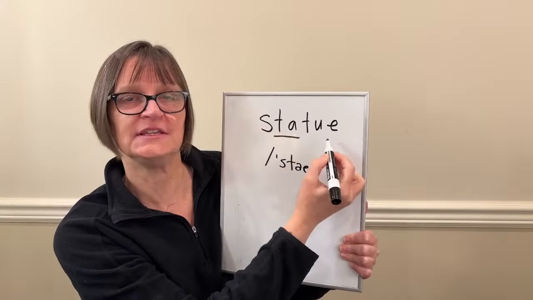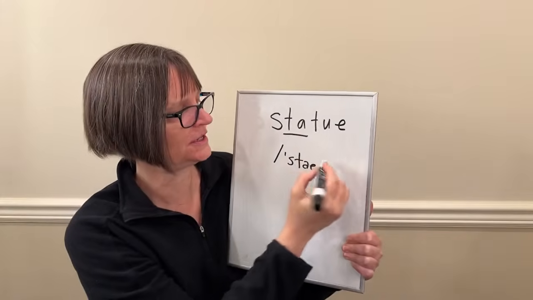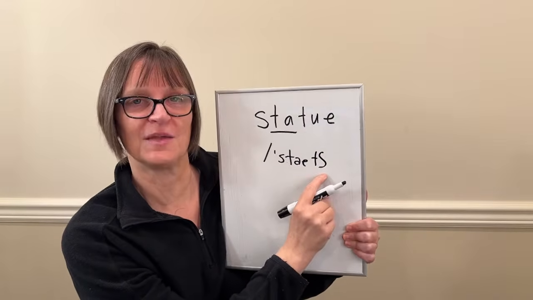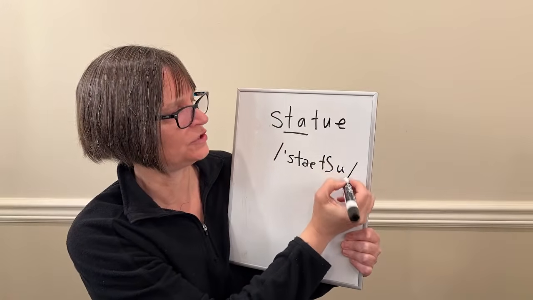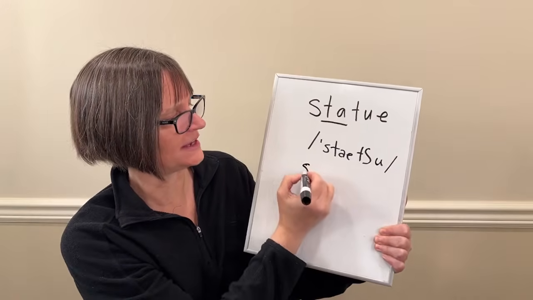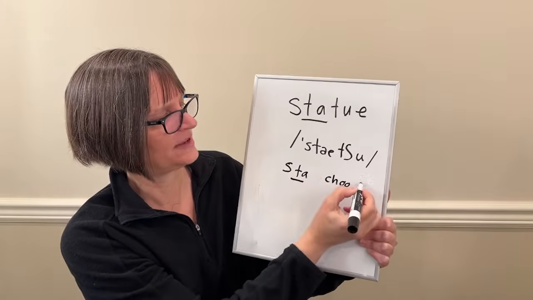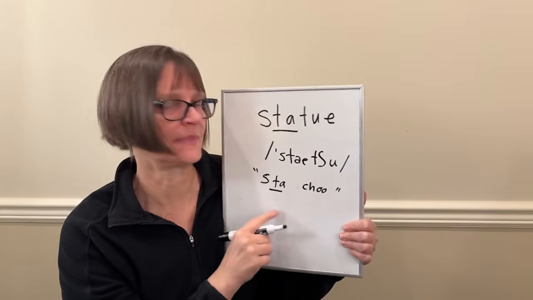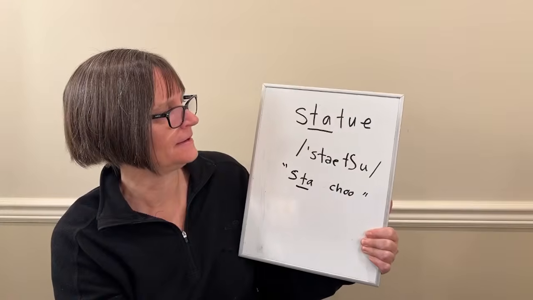And then this TU is not going to be a T sound, but rather a CH sound, with that U. So in the dictionary, the IPA is this symbol for the ch sound. And then we have just an oo sound, and the E is silent. So it sounds like statue, with sta being stressed. She was as still as a statue. The Statue of Liberty is a symbol of freedom. Yeah, good request. Thank you for bringing that up.